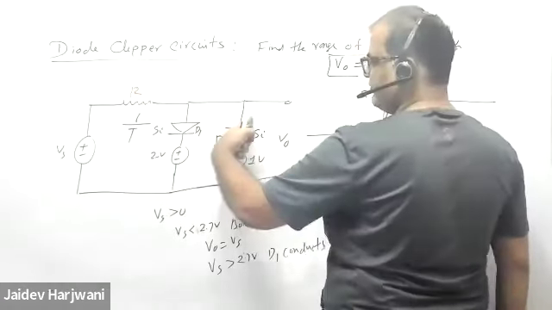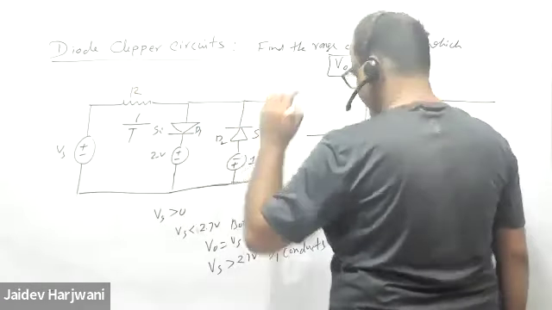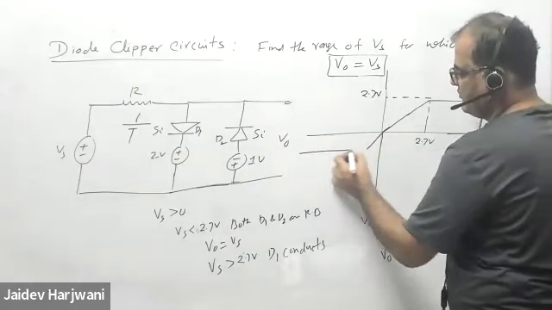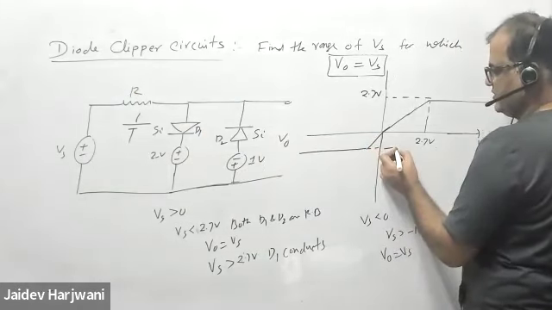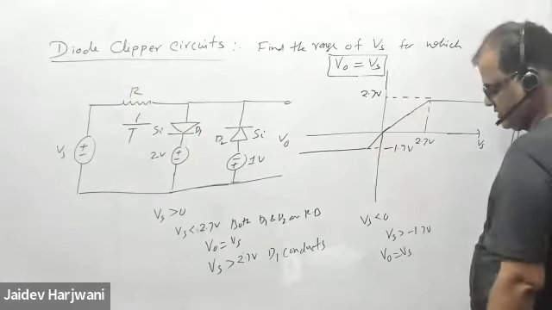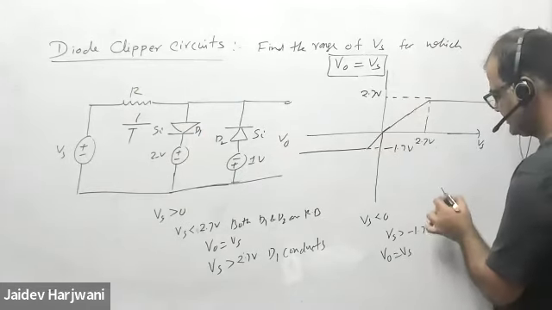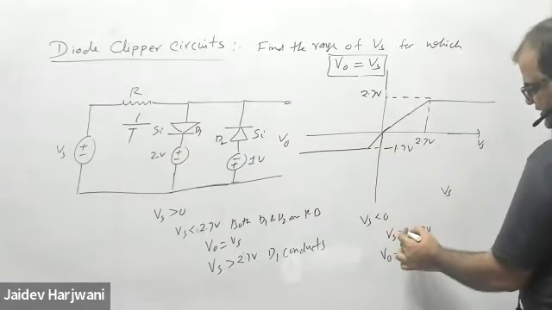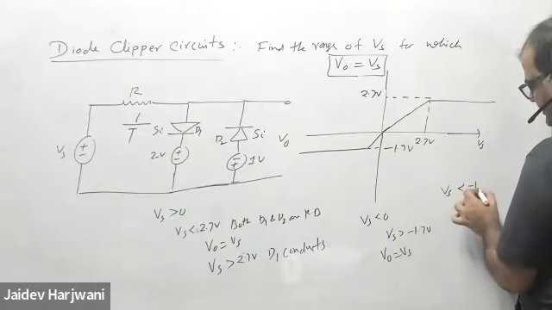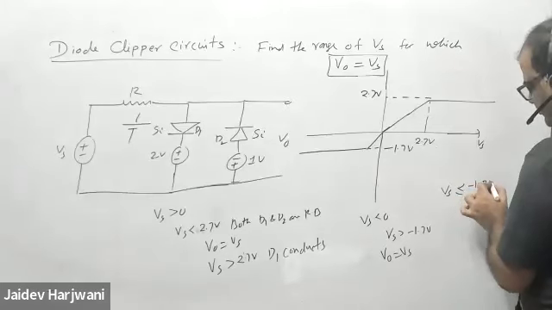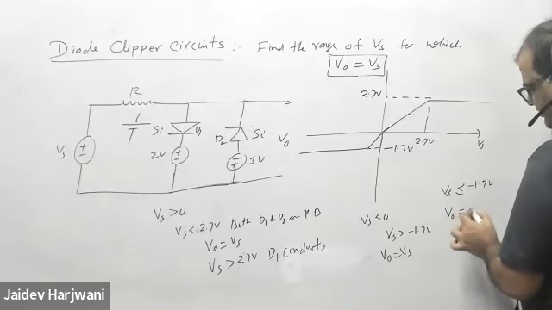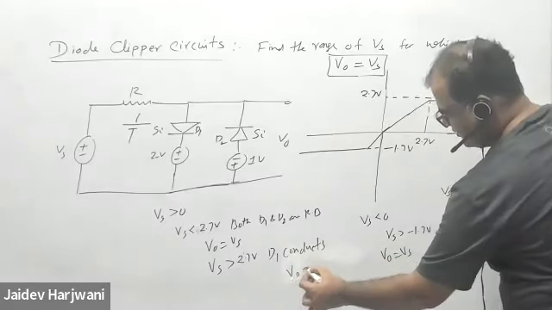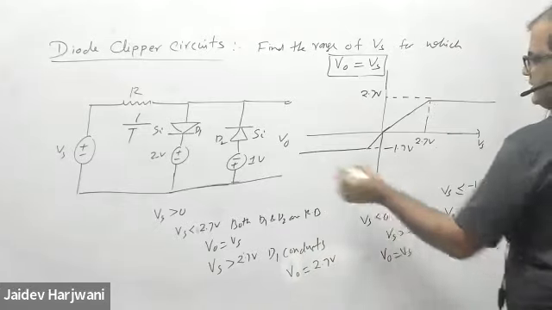So the negative cycle should come to 0.7 plus this 1, that is minus 1.7 volt. When Vs is less than or equal to minus 1.7 volt, my V naught will become minus 1.7 volt, and here V naught will become 2.7 volt.